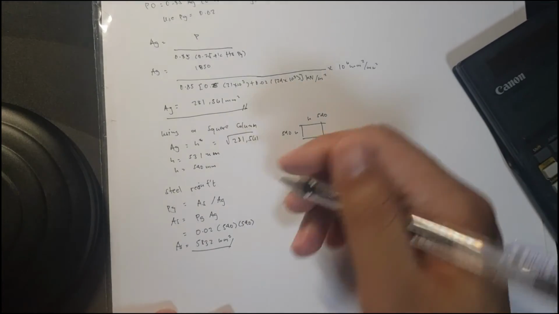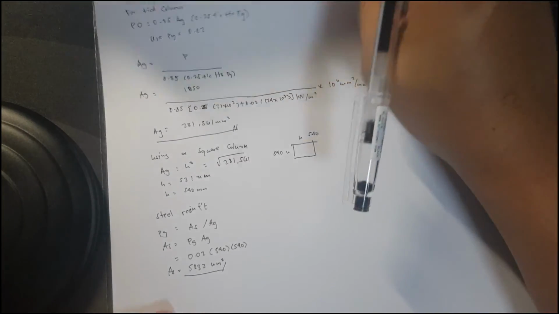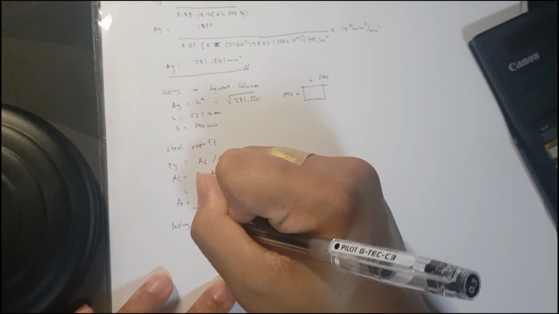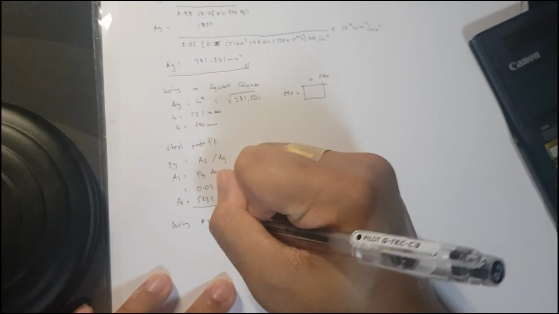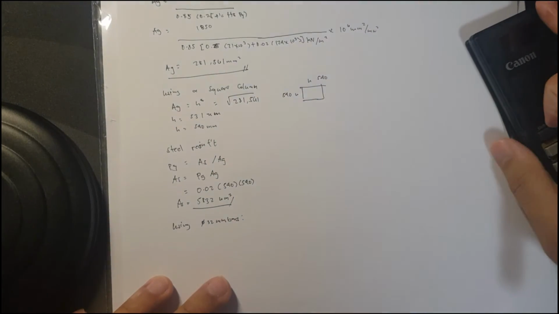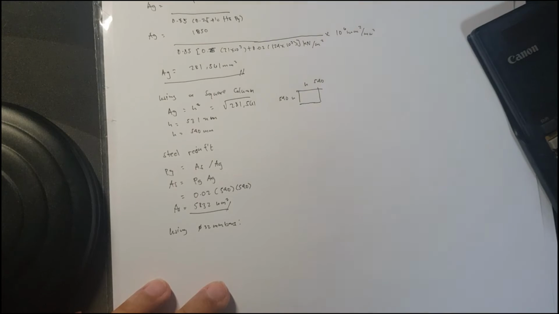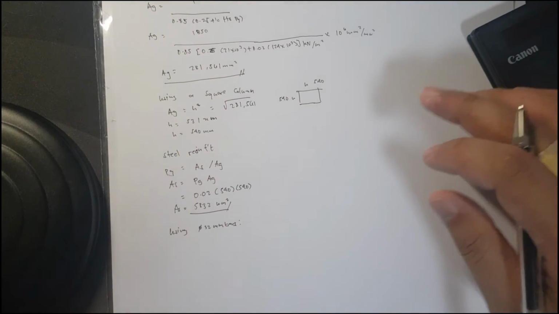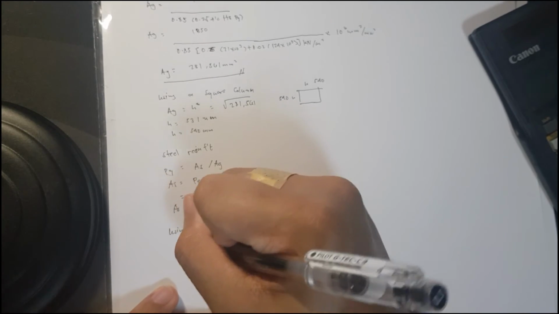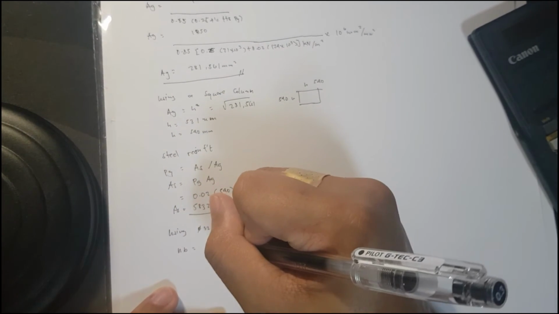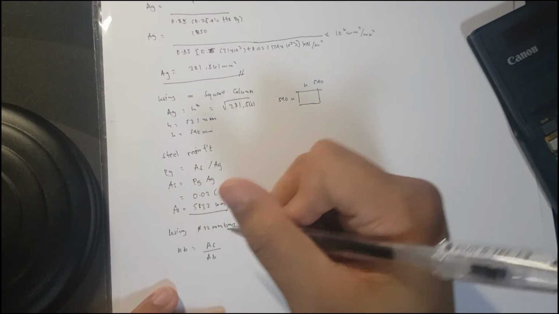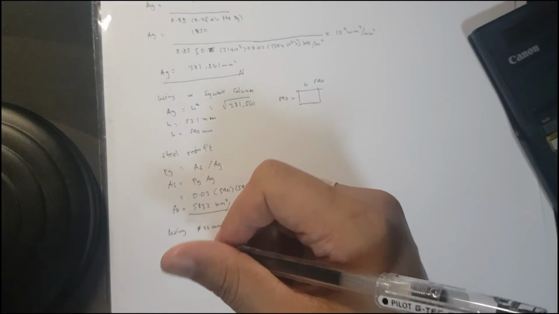So using 32 millimeter diameter bars. Pwede siyang gamitan din ng 16 tsaka ng 10 millimeter diameter bars, basta wag lang mababa ng 16. So ito gagamitin natin. Hanap natin number of bars is equals to area of steel all over Ab, area of bars.